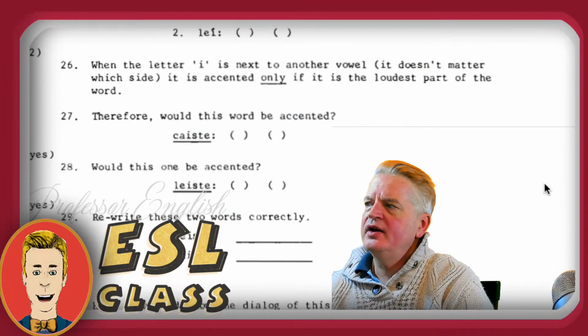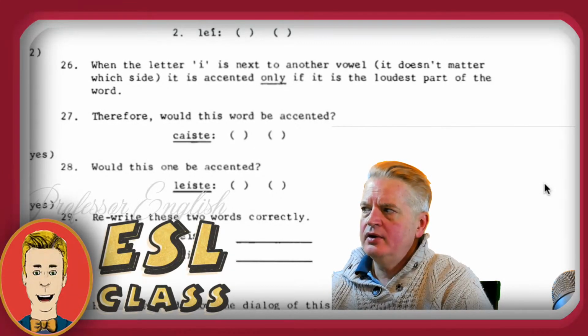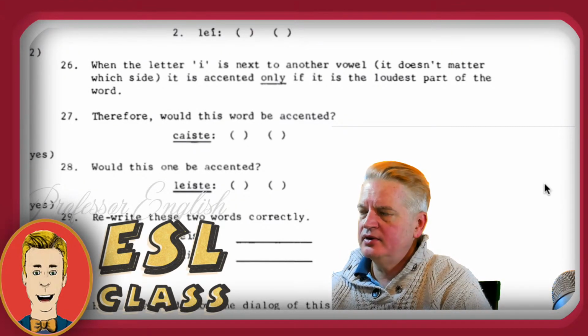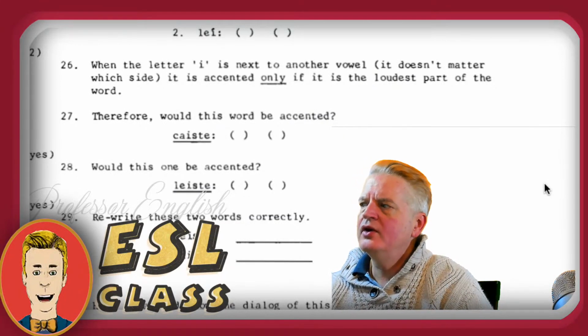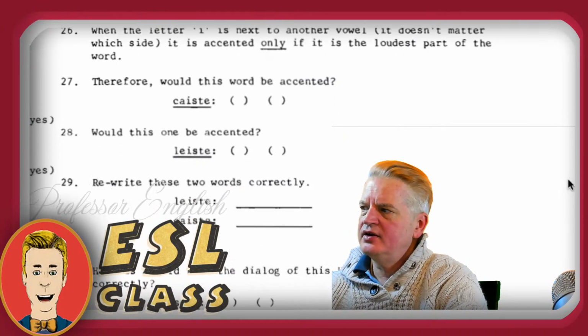When the letter I is next to another vowel, it doesn't matter which side. It is accented only if it is the loudest part of the word. That should be accented, caíste, because that's the loudest sound. Number 28. Would this be accented?